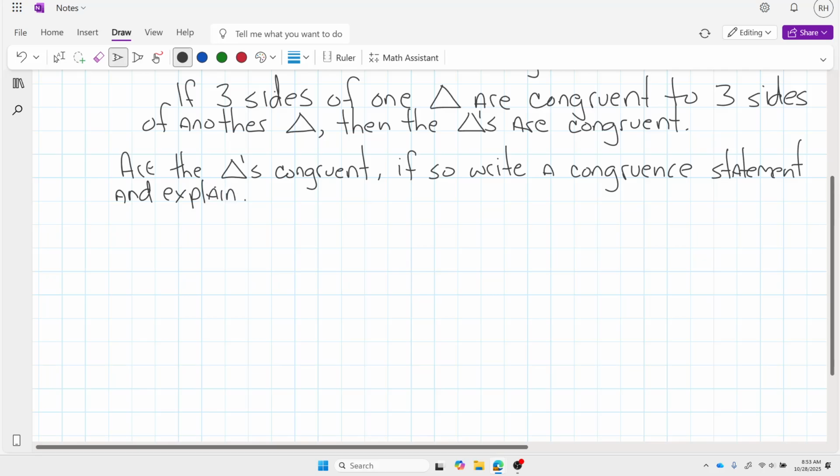Now, you wrote congruence statements last week, you just didn't have to explain. Today, the explain means to just state whether you used side, side, side congruence or side, angle, side.